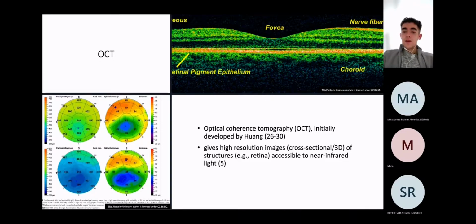So this has exponentially higher resolution, which is good, but again the major limitation is that it's only accessible to surfaces which can be reached by visible light. In this case, it uses near infrared light spectrometry.